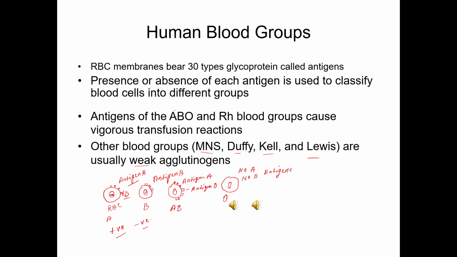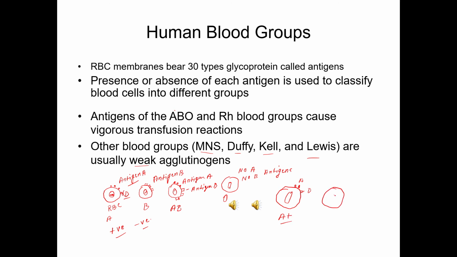Okay, so now you just think that this is a red blood cell, and this person has A antigen as well as antigen D. So this is A and this is D. So what will be the blood type? Because of A, the person's blood type is A, and because of D, the type is what? Positive. So this person is A positive.